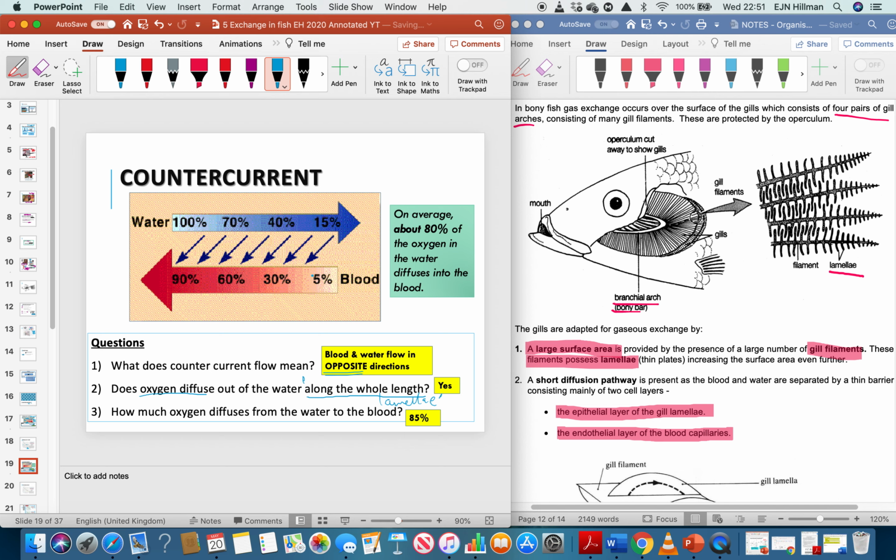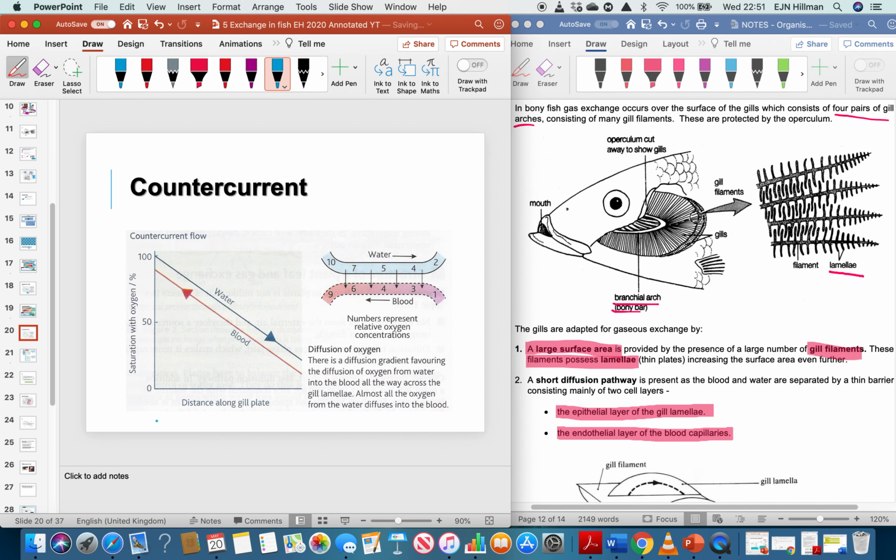In this instance, the maximum saturation reached is 90% in the blood. On average, it's about 80%. It depends on the species of fish and how metabolically active they are. The important part, though, is this second sentence here: oxygen diffuses out of the water along the whole length of the lamellae.